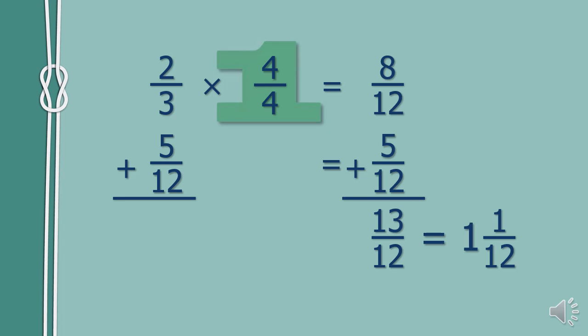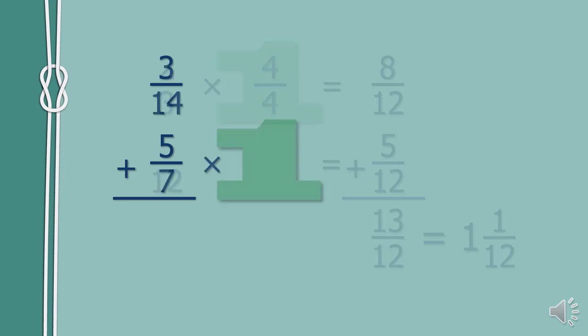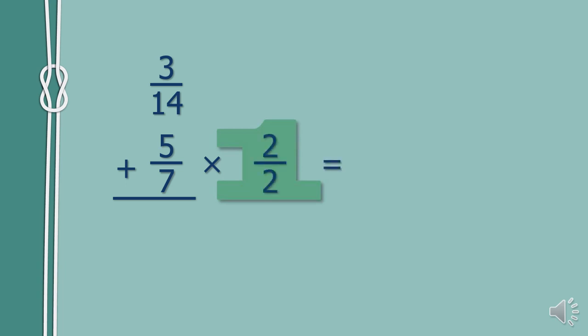All right, let's try another one. Remember, it's probably a good idea for you to pause the video right now, solve this problem on your own, and see if you get the same answer I do. Again, first of all, we have to use the identity principle for multiplication to get this into like terms. And if we use 2/2 as our name for 1, that would change 5/7 into 10/14.